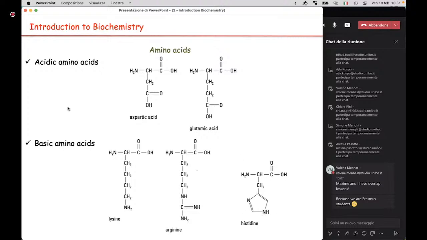Okay, so sorry, histamine group. Histidine is the name of the amino acid. So all of these contain the amino group, which is basic. All of these contain the carboxylic group, which is acid. Okay.